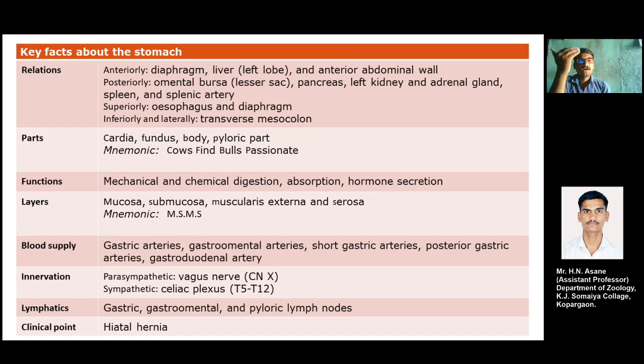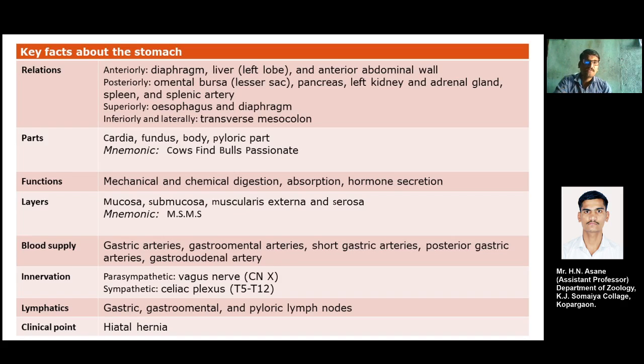The inferior or lateral portions of the stomach are in contact with the transverse mesocolon, that colon portion of the large intestine.